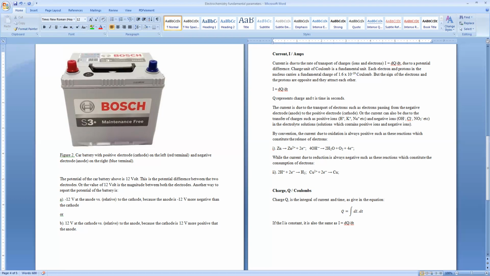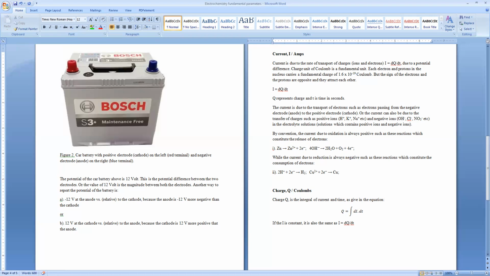For example, the reduction of hydrogen ion: 2H plus plus 2 electrons become hydrogen gas. This is a reduction reaction, and the current of this reaction is always negative. Or copper 2 plus ion plus 2 electrons becoming copper metal. This is a negative current. Okay, so that is current.